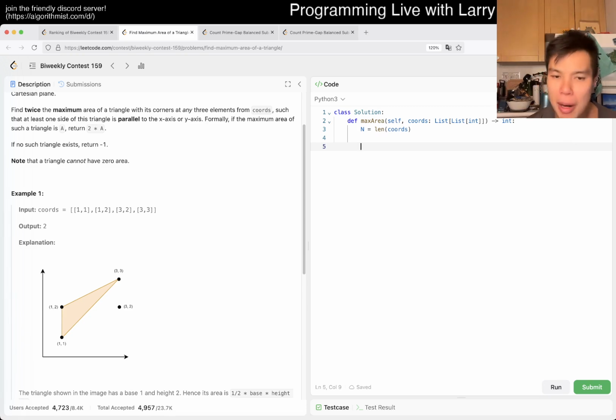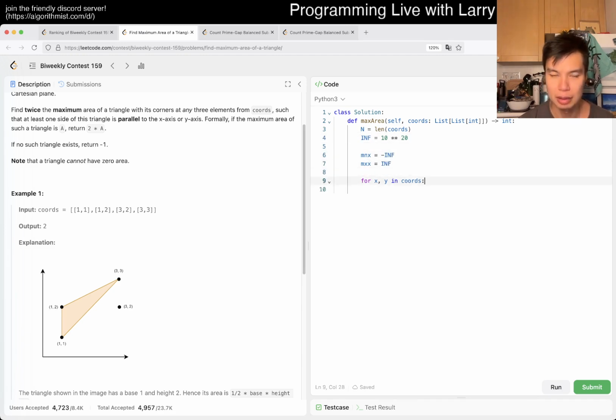Okay. Hold on, I want to write it. How do I want to write it? Here's the one I want. Min x is equal to infinity, max x is equal to infinity.